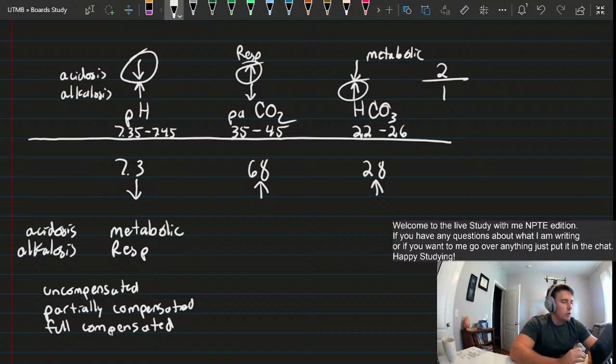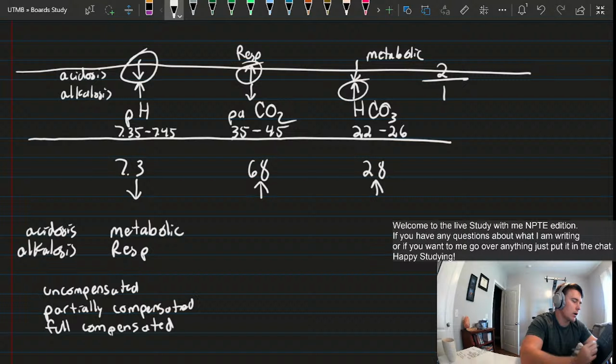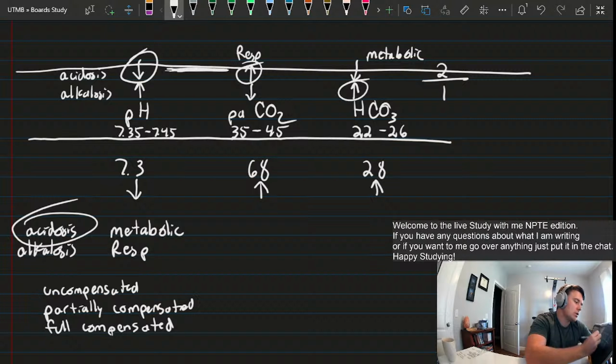So you're going to be able to answer a lot of questions on this. All you do is take your line and draw all the way across. You know it's going to be acidosis, and you always want to line up respiratory or metabolic with this line. These two are on the same line, so you know it's going to be respiratory.